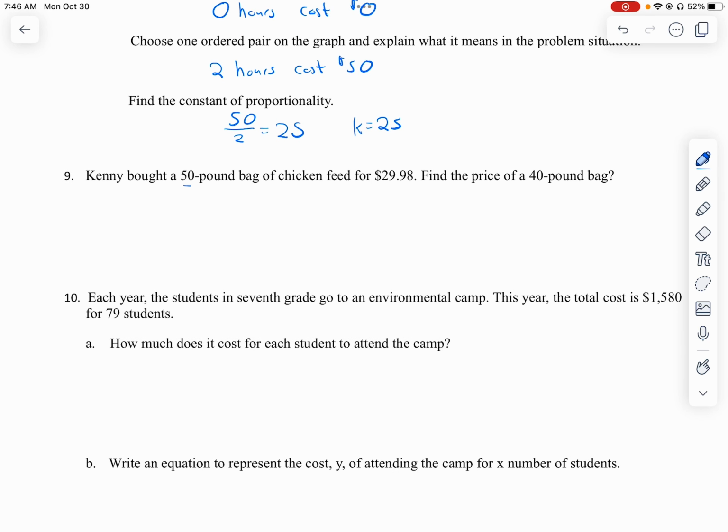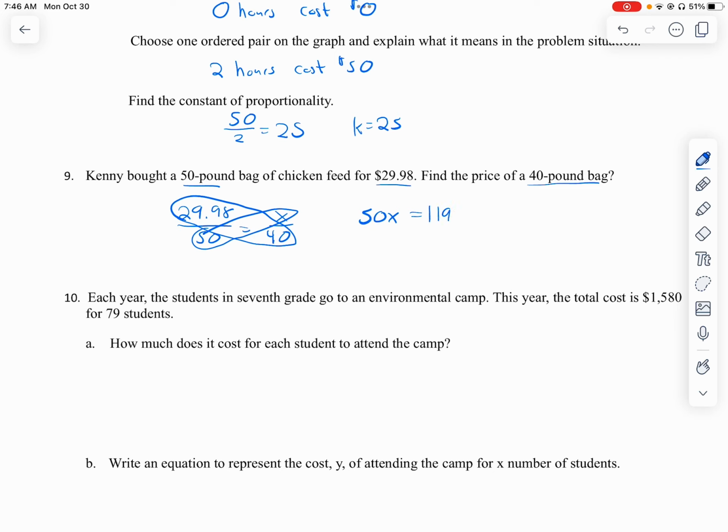Kenny bought a 50-pound bag of chicken for $29.98. What's the price of a 40-pound bag? So we could set up a proportion. 29.98 for 50 equals x over 40. Cross multiply. 50x is equal to 29.98 times 40.